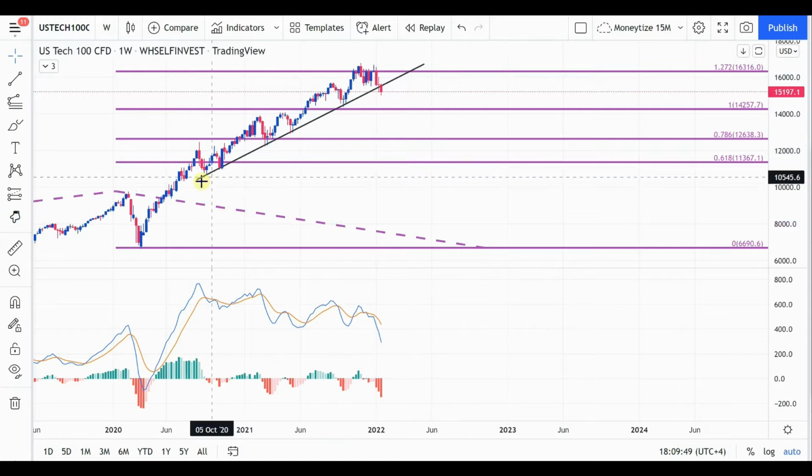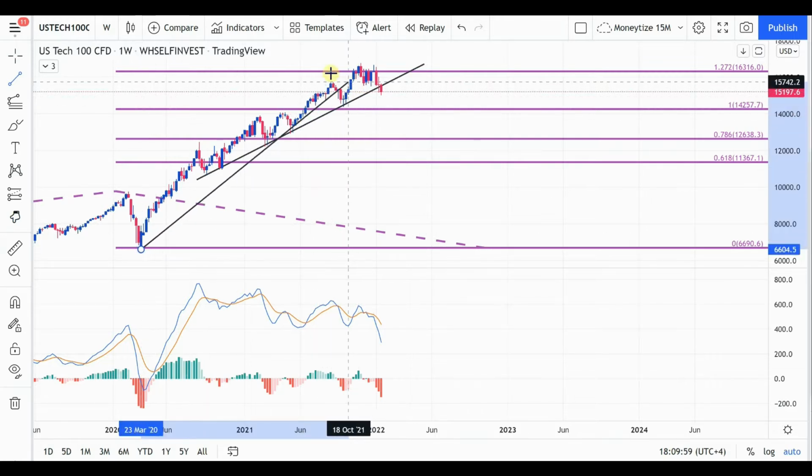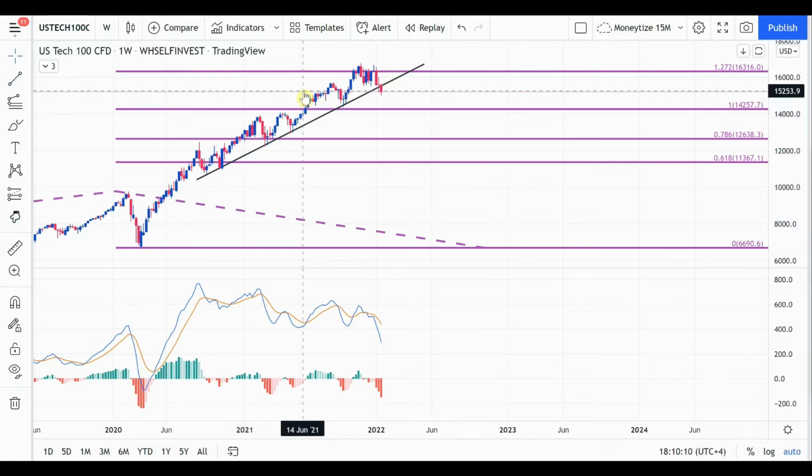I've purposely taken the lowest point from this area, not from this one, because it will also give us a trend line, but it would not be the appropriate one because of the angle. It's very steep. So let's remove it and consider this one.